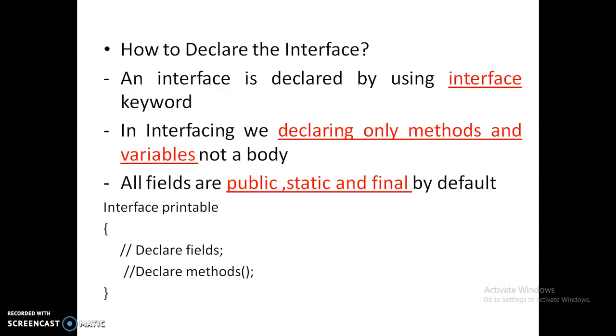Second, in an interface we can declare only the methods, not the body of the method. Third, all the methods in interfaces are public and abstract by default.